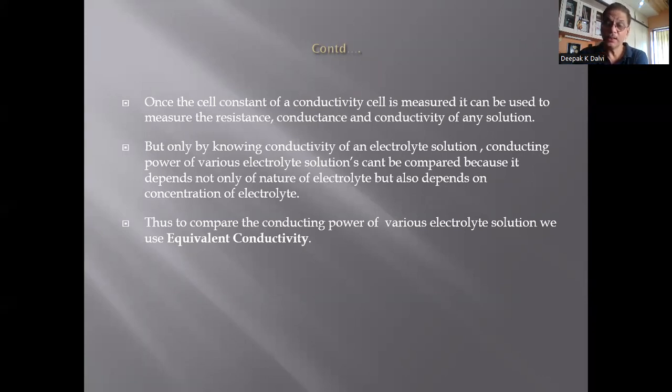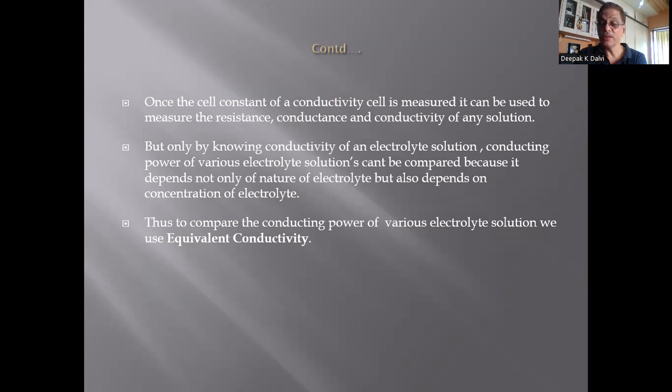But will only knowing the conductivity solve our purpose? No, only knowing the conductivity will give the conductance, resistance, and conductivity of that solution. But how much strength, how much power the solution has to conduct the current?